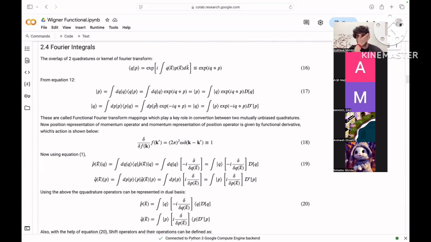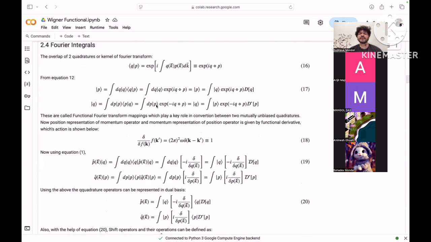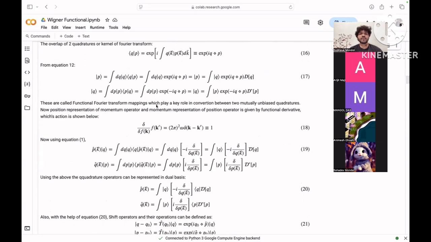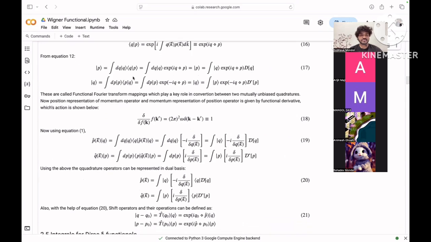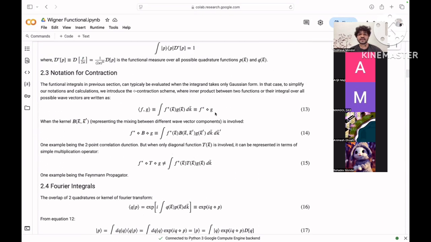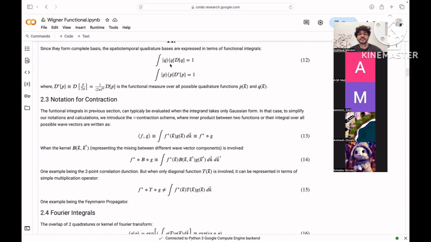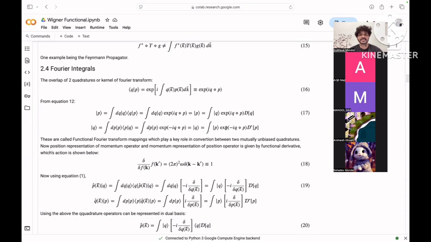Now we want to define the Fourier integrals that can be helpful during our next discussion. We already know that the overlap of two quadratures, or the kernel of the Fourier transform, can be written like this. From equation 12 we have already seen this relation, and using this relation we have got that the P state and Q state can be written like this.